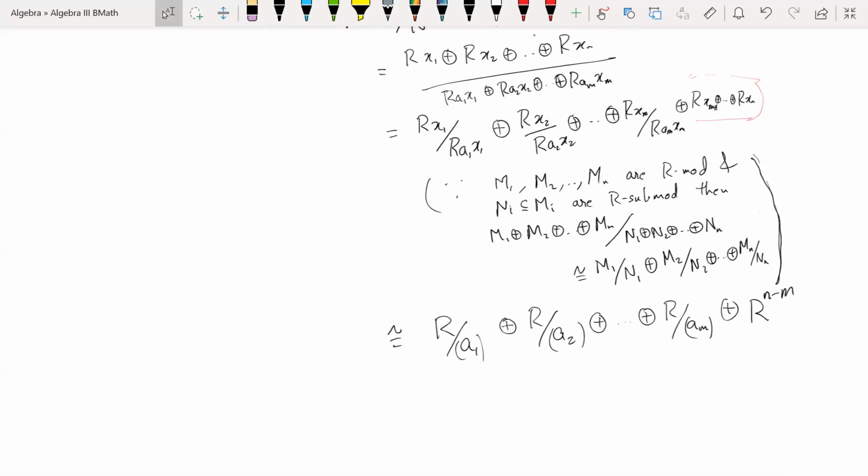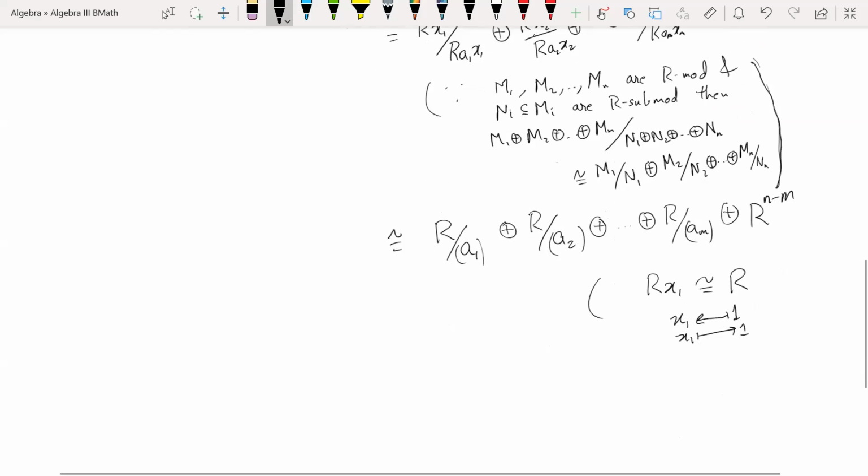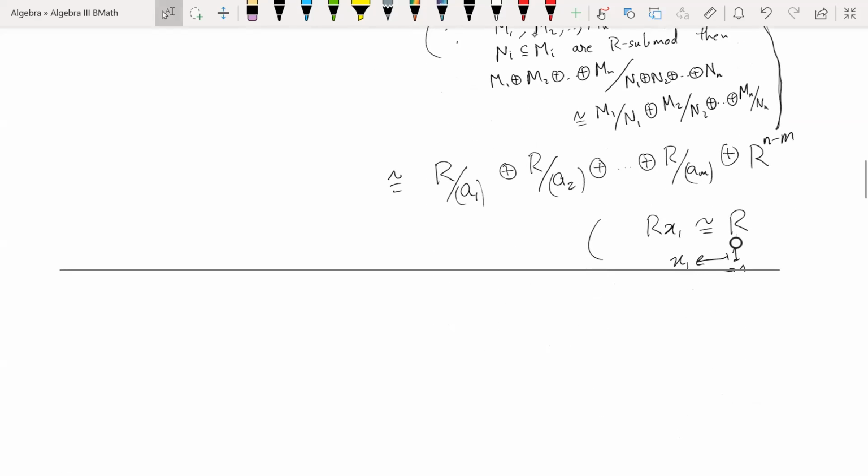So here what I'm using is that Rx1 is isomorphic to R, where 1 goes to x1 under this map, and in the reverse direction x1 goes to 1, and then ax1 will go to a.